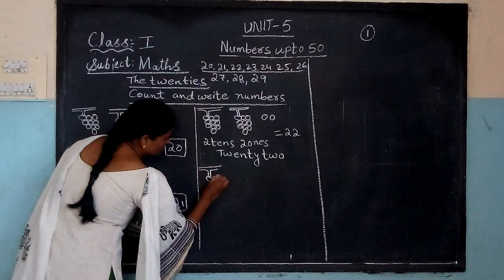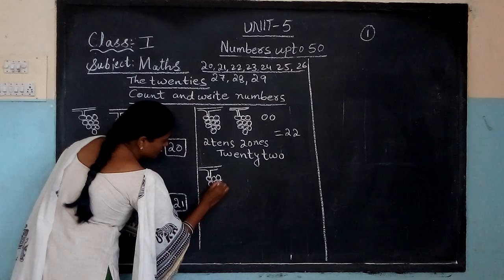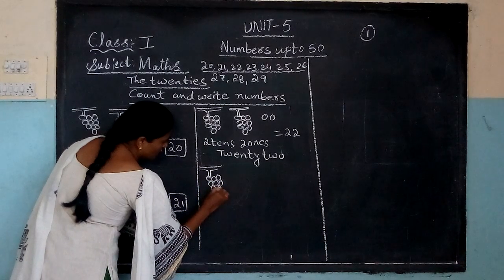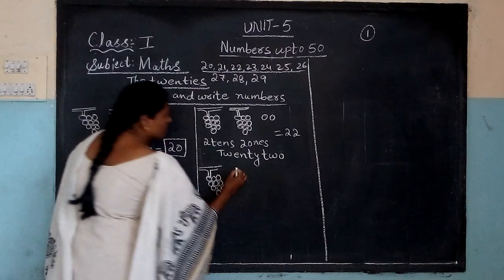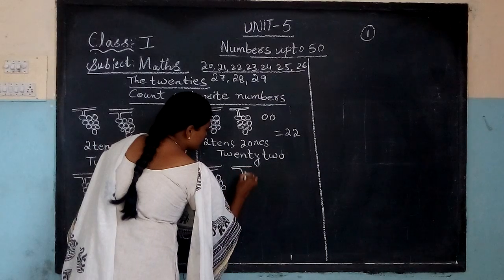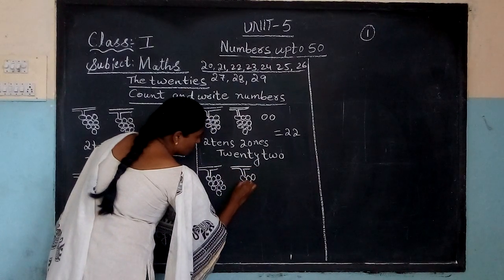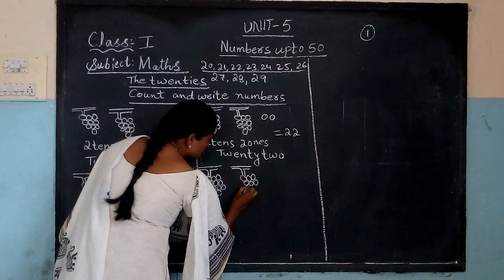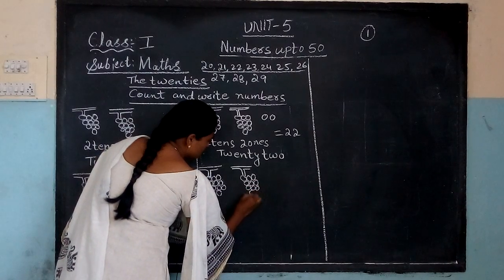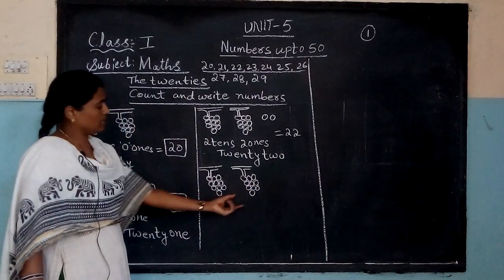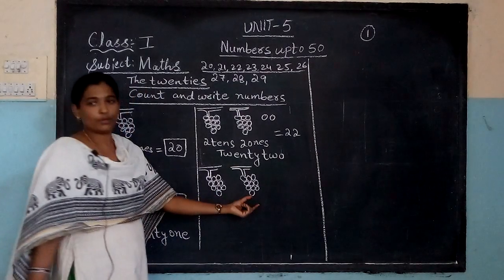Next number after 22 is 23. 1, 2, 3, 4, 5, 6, 7, 8, 9, 10. 1, 2, 3, 4, 5, 6, 7, 8, 9, 10. Here 20 completed. In one bunch 10 is there, in one more bunch 10 is there.